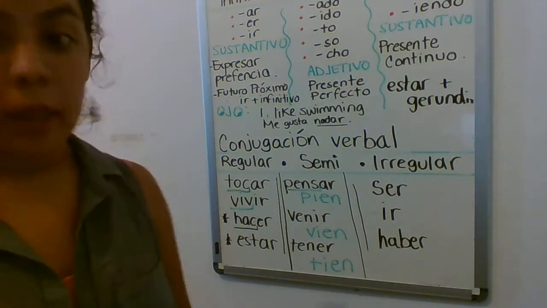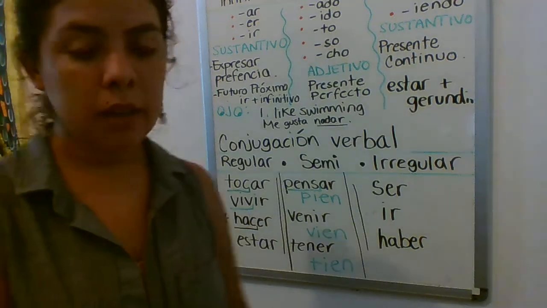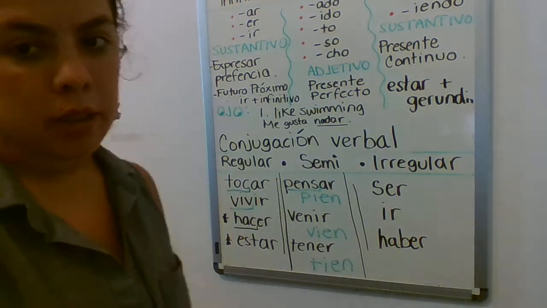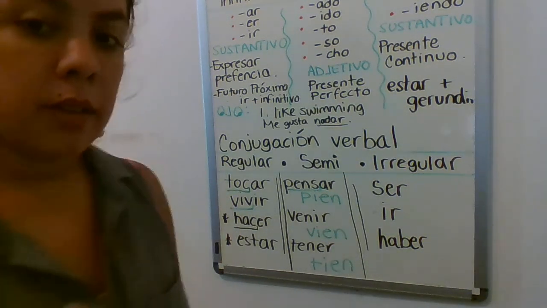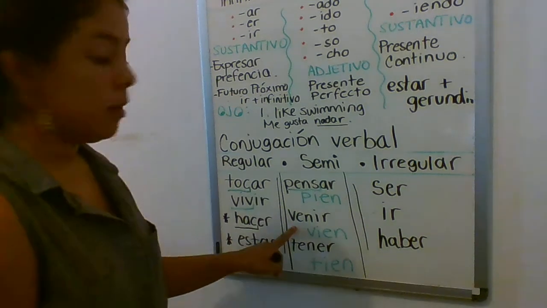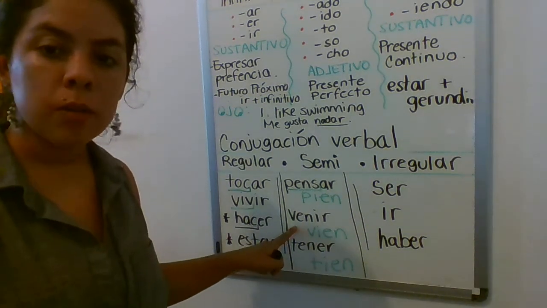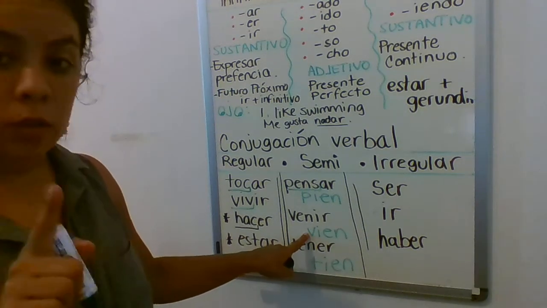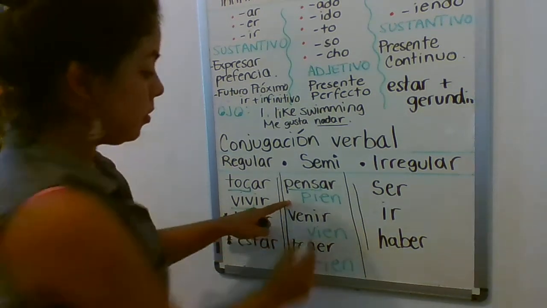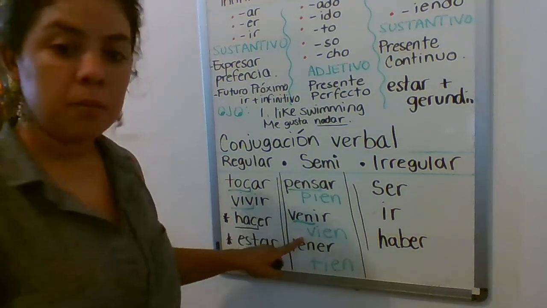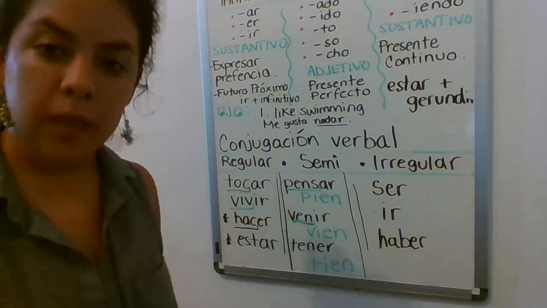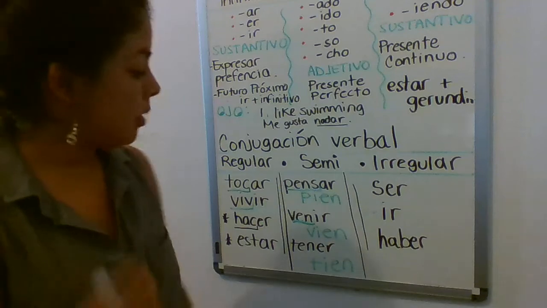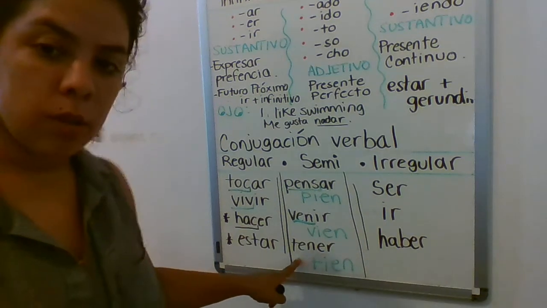The same with venir. Listen, venir has two irregularities, the first person and the stem change. Venir. Yo vengo. Tú vienes. Él viene. Nosotros venimos. Ustedes vienen. Ellos vienen. A very similar one is tener, to have.